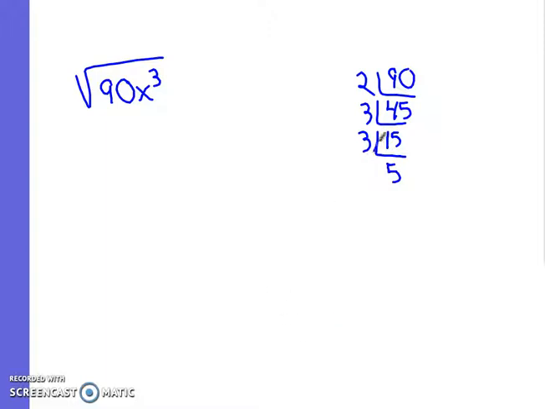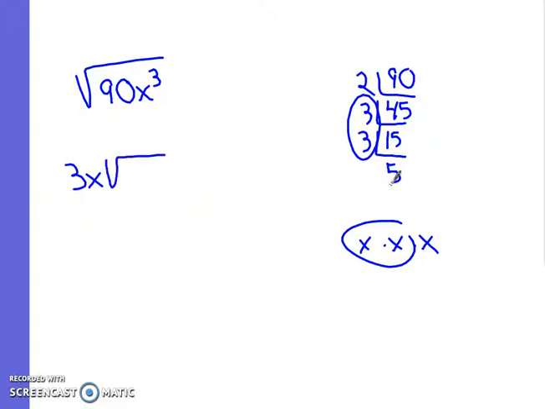And I'll look and say, well, there's a pair of 3's, so that means I'll have a 3 outside. Well, take a look at that x. That x is really just x times x times x, and here's a pair of x's. So I'll take an x outside as well. Okay. What's left over inside? Well, there's still this 2 and 5 right there, so I'll multiply them together and get 10. And there's still an x from over here, so I'll leave it as 10x. And now I'm done.